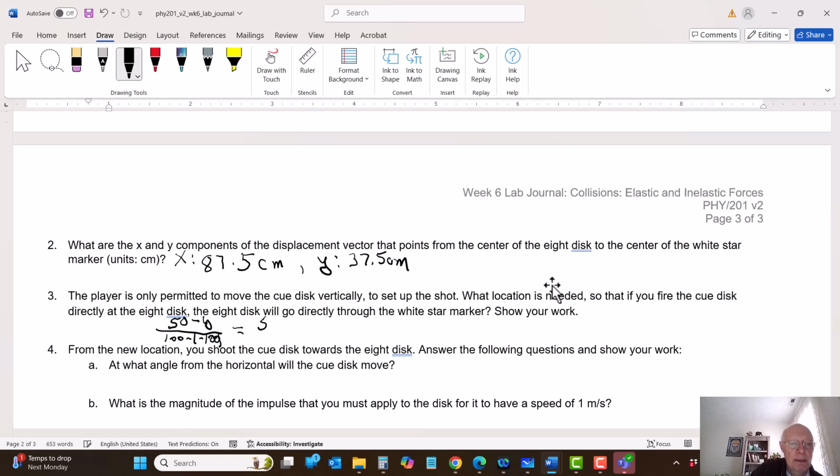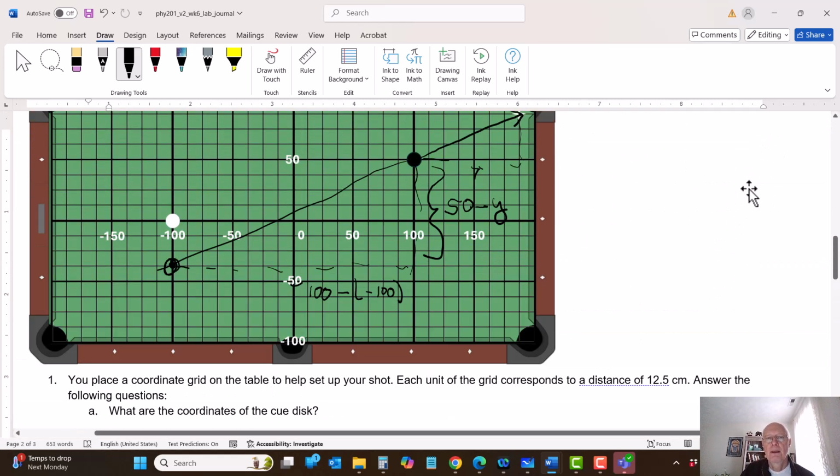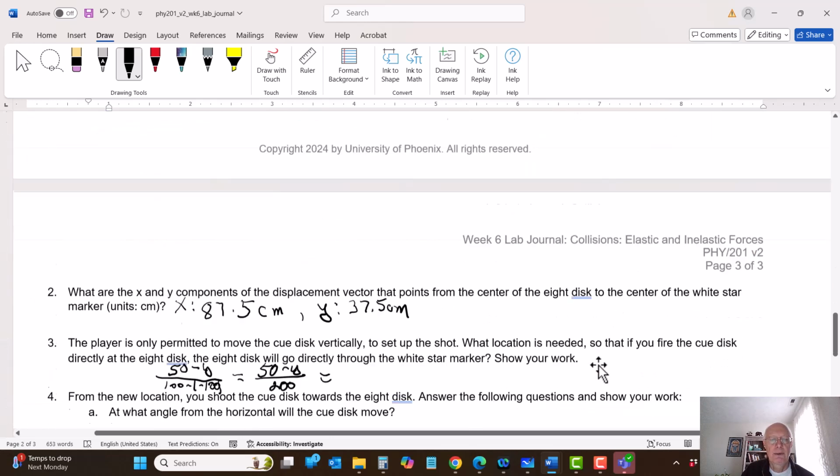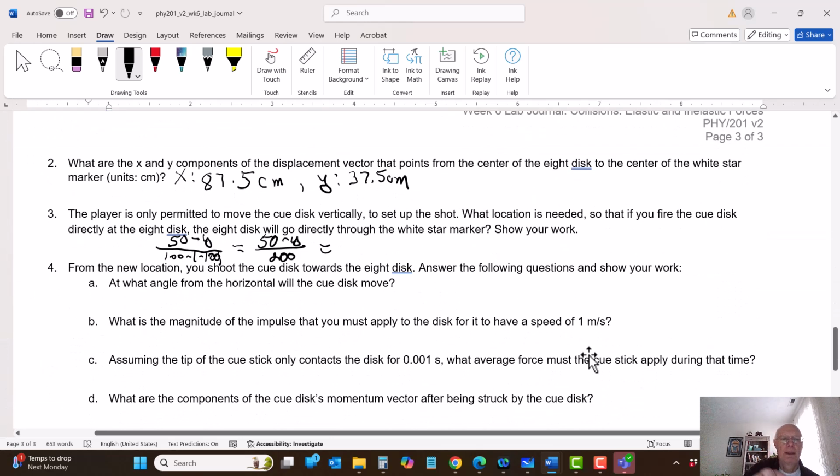It's 50 minus y over 200 equals the slope of this segment here, right? Right here, which is 3 over 7, rise over run, 3/7, same slope. So if you solve for y, that'll give you the answer. Okay.